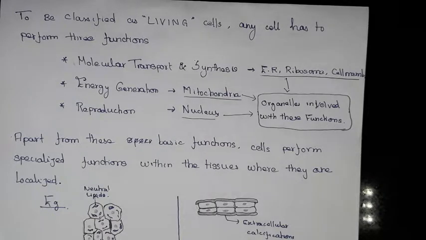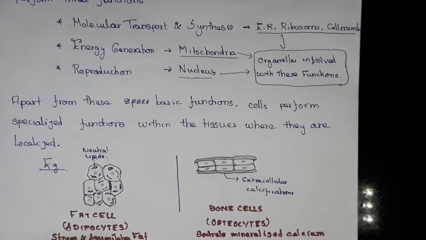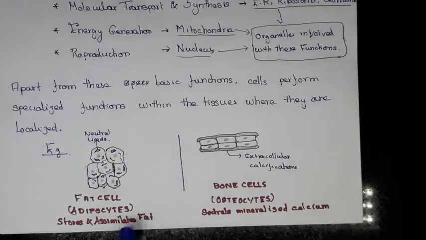Apart from these basic functions, cells are usually organized into tissues, and inside these specialized tissues, the cells also maintain specialized functions according to the requirement of the tissue. There are two examples that I have depicted here. So these are the fat cells.